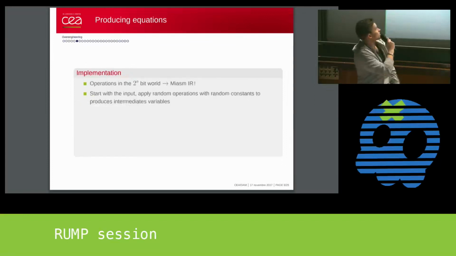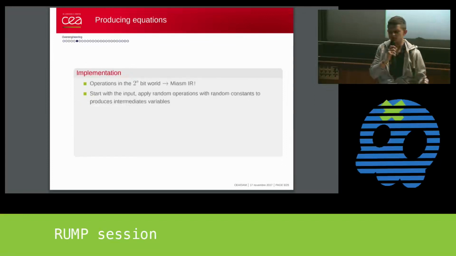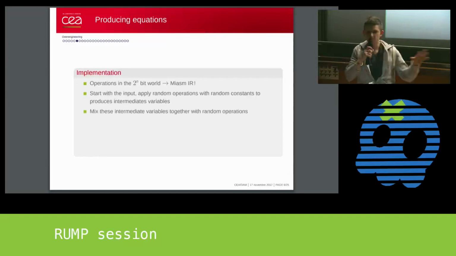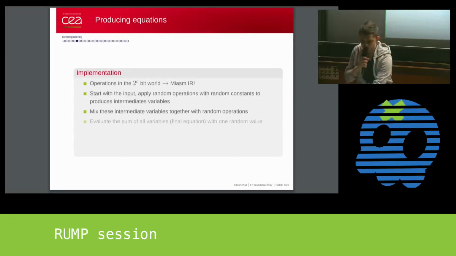The implementation is basically based on Miasm, because we are doing operations in the bit vector world. So you can use the IR of Miasm that Adrien introduced. We start with the input, apply random operations with random constants to produce intermediate variables. Then we mix these variables with also random operations.